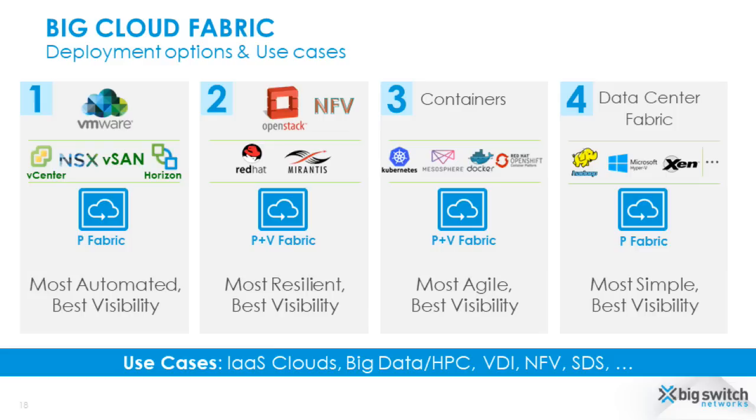So now I'm just going to introduce the four main use cases that we see our customers deploying, but this is growing rapidly with every quarter. For the enterprise world, what we mostly see is that a lot of customers are using VMware. So we take that controller and integrate it into vCenter.